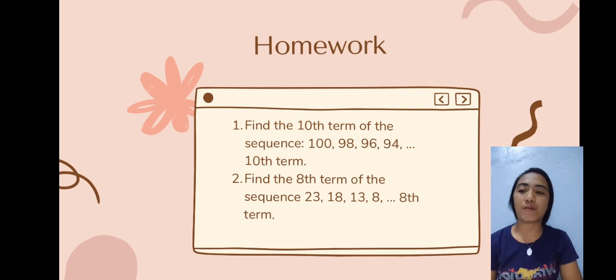So first item is to find the 10th term of the sequence 100, 98, 96, 94, and so on and so forth. And then in the second item, we need to find out the 8th term of the sequence 23, 18, 13, 8, and then find out the 8th term.